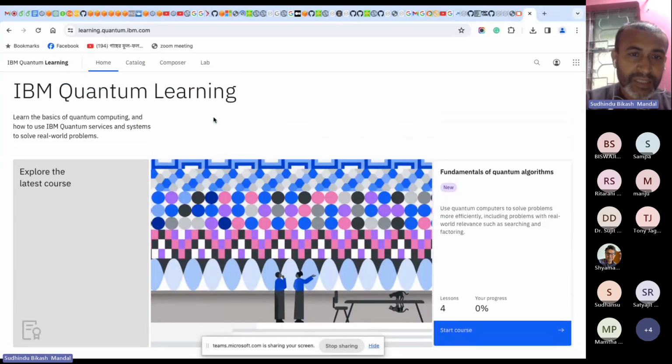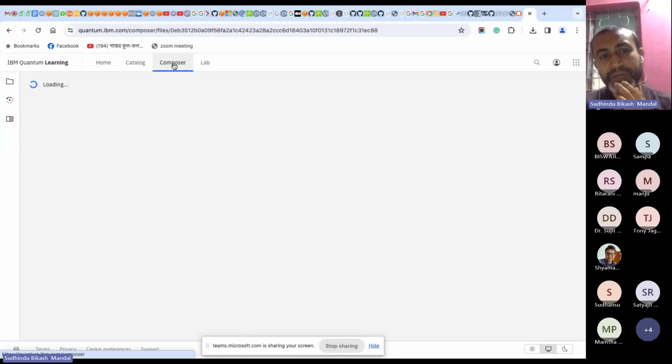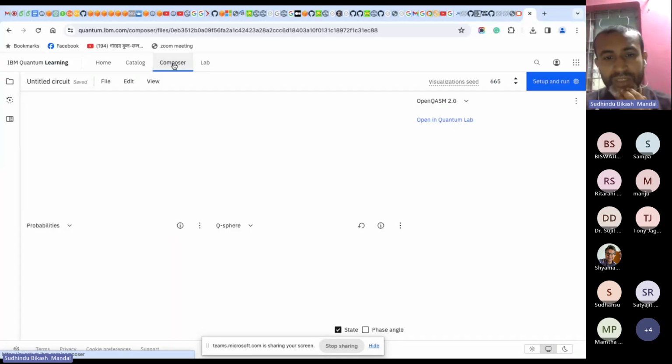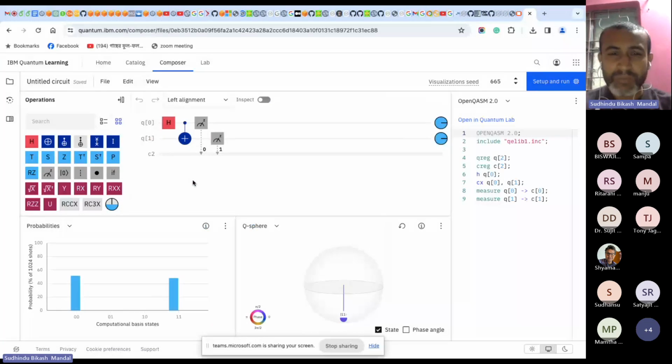There are other tools to do quantum computing. This is called Composer. By using this Composer, you can graphically design your circuit this way. But I will not describe this. This is not good for a computer science person, because this one is for school students.